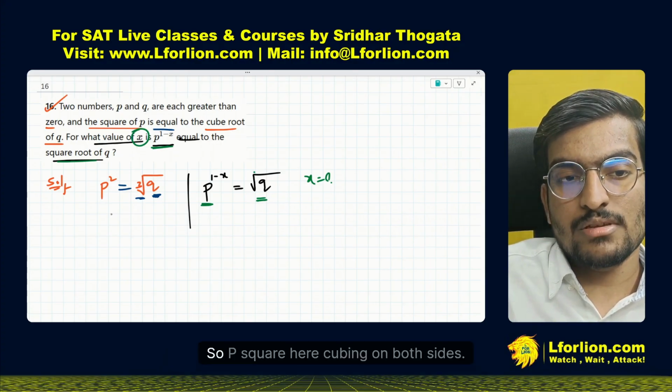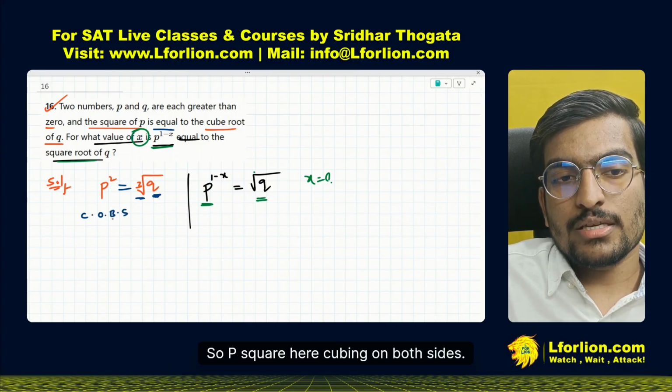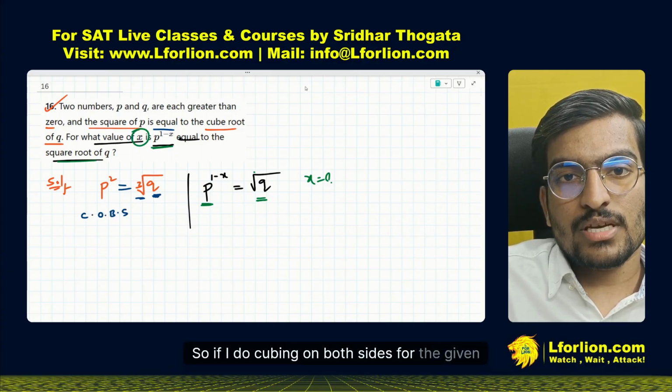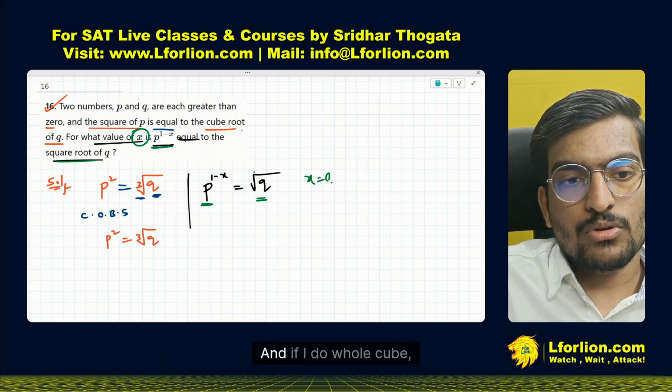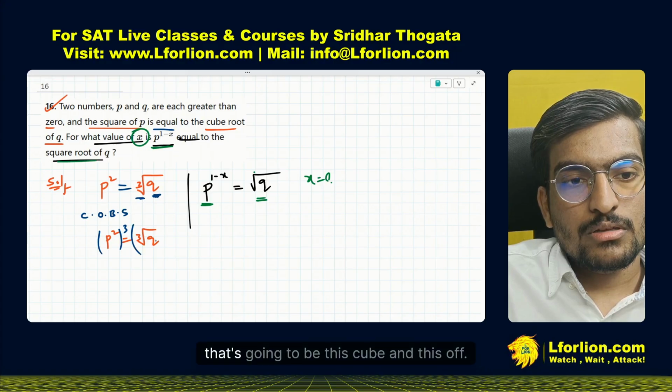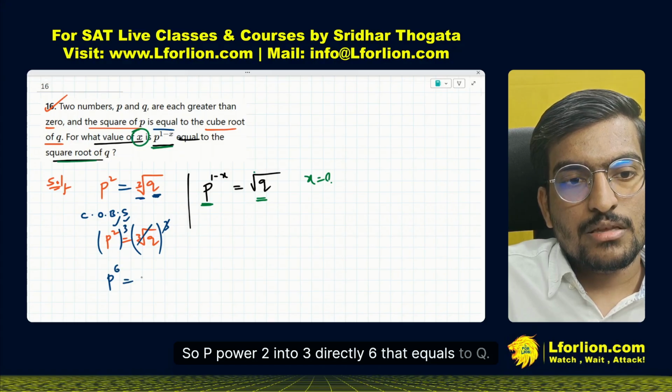Let me solve this. So p square, cubing on both sides. If I do cubing on both sides for the given expression, p square equals the cube root of q, and if I do whole cube, the cube and the cube root cancel off. So p power 2 into 3, directly 6, equals q.